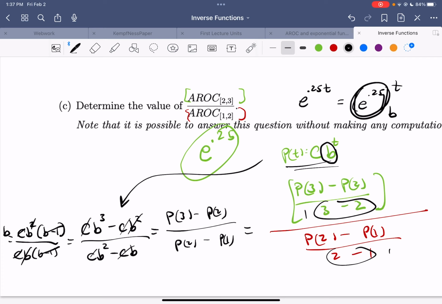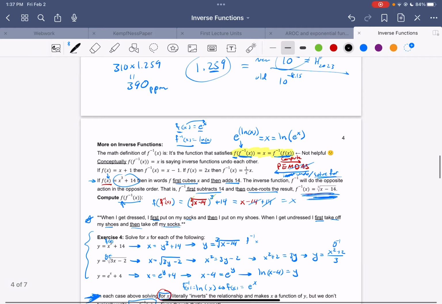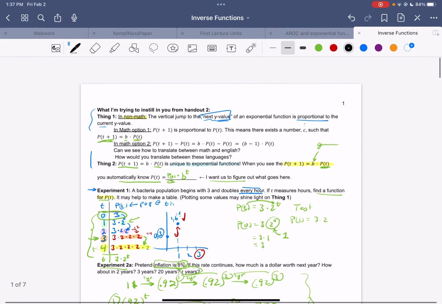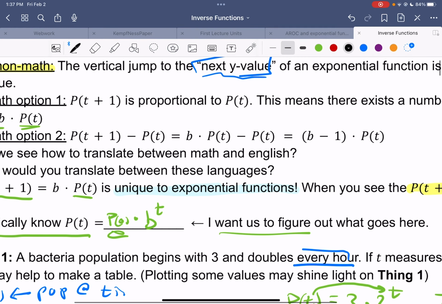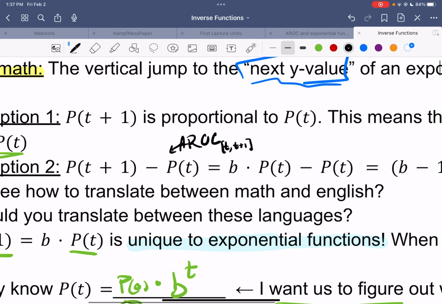I could also connect this back to the very beginning, because of the average rate of change. This is the average rate of change from t to t plus 1, the difference in y values over the difference in x values, which is 1.